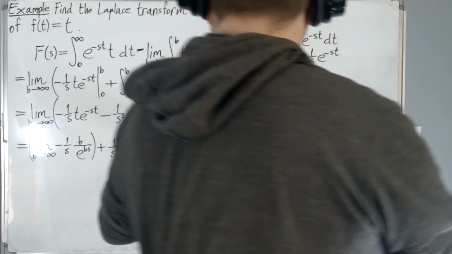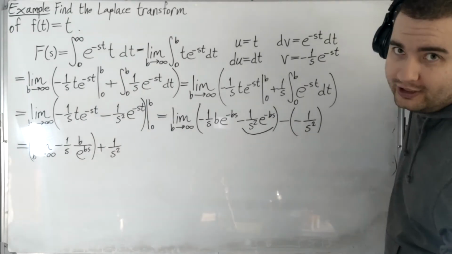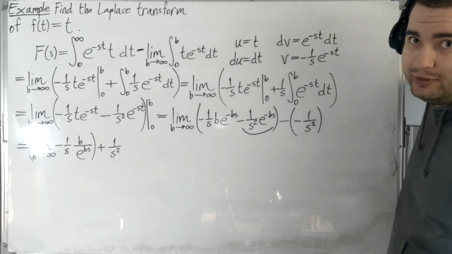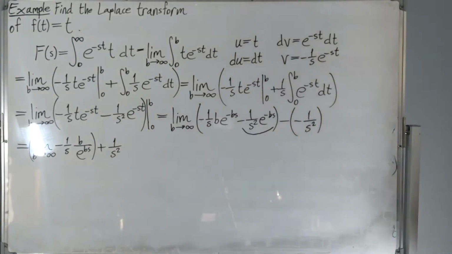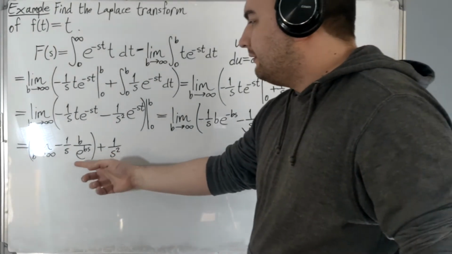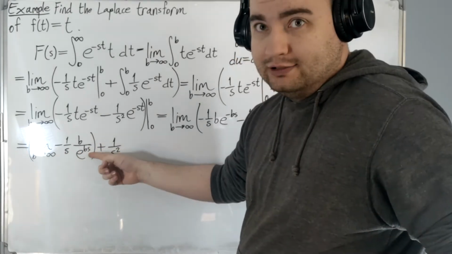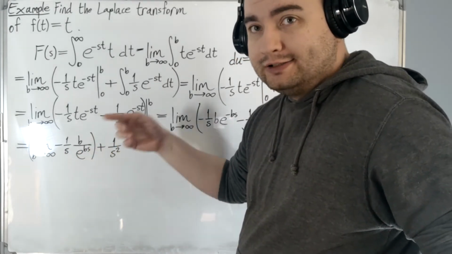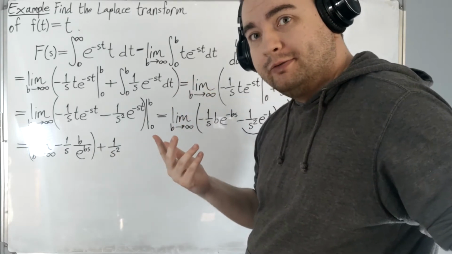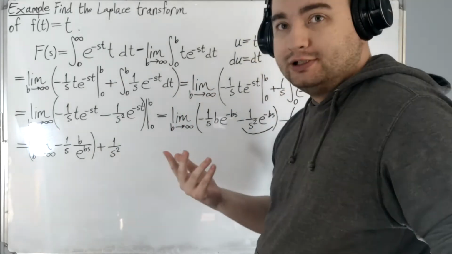Of course, the limit as b approaches infinity of 1 over s squared is just 1 over s squared because b doesn't even appear in that. So we have the limit as b approaches infinity of b over e to the bs. That's a type infinity over infinity fraction. So we can apply L'Hopital's rule.